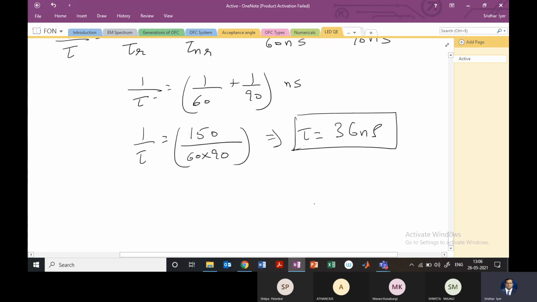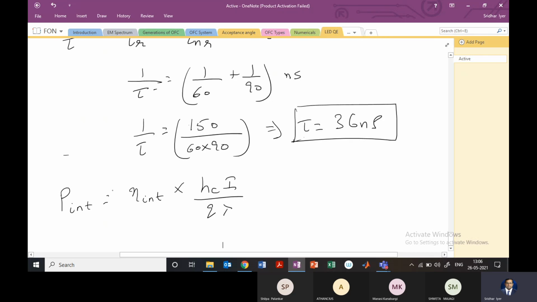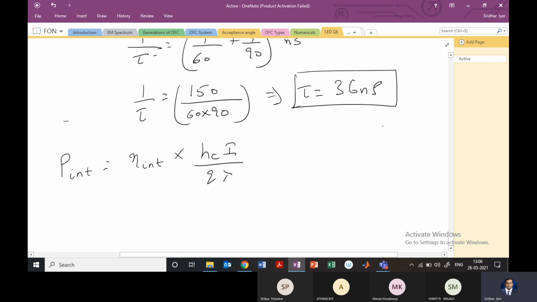Okay. Next, we want to calculate the internal power. So I'm just rewriting the equation for internal power. Okay. So internal power is internal quantum efficiency into hcI divided by q lambda, right? So I is given to us, 40 milliamperes. h and c are constants, we know. q is also a constant. Lambda is also given to us, which is 870 nanometer. We need to calculate this quantum efficiency, right? Internal quantum efficiency.